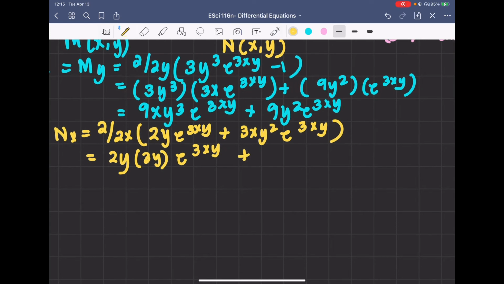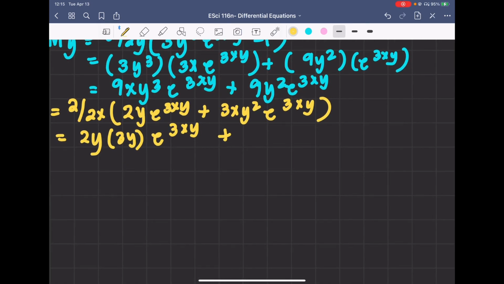and plus. The second term that we need to derive is 3xy squared times e to the 3xy. Now normally these are three different terms, but since we are partially deriving this with respect to x, our y is a constant. So let's just treat our 3xy squared as one term.